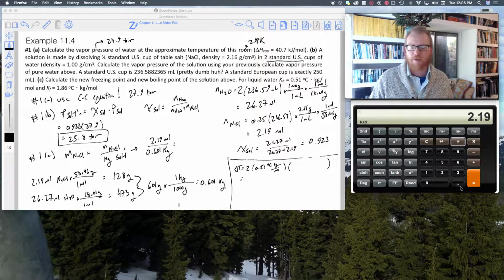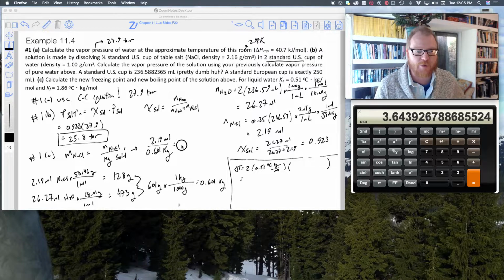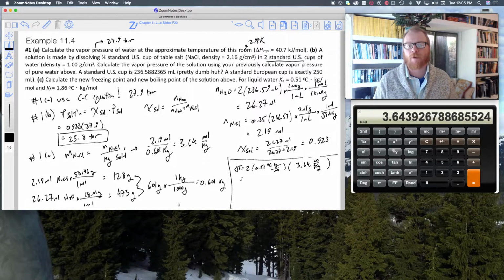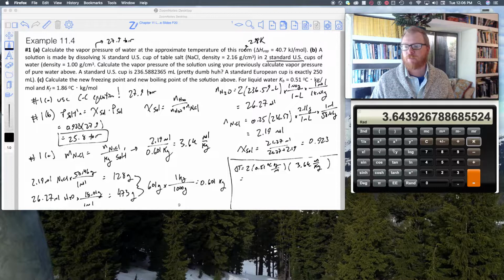2.19 divided by 0.601 equals, that's a big difference, 3.64 mole per kilogram. So now this is 3.64 mole per kilogram. Okay. Yeah, there should be a very significant change in the boiling point when you add salt. So then times that number and then times 2.